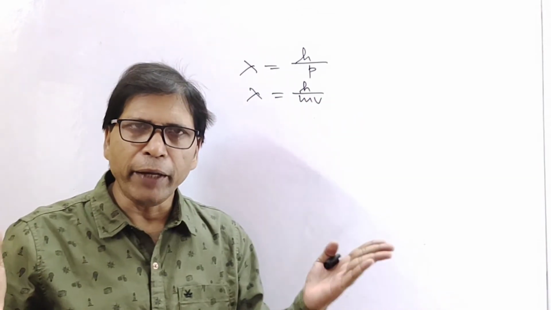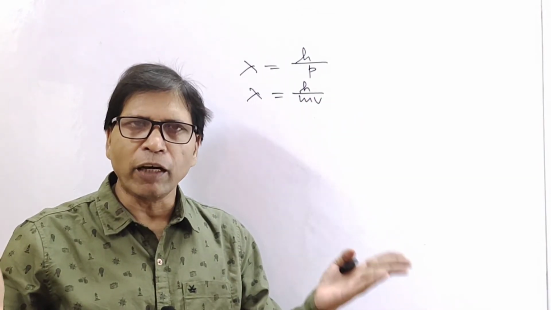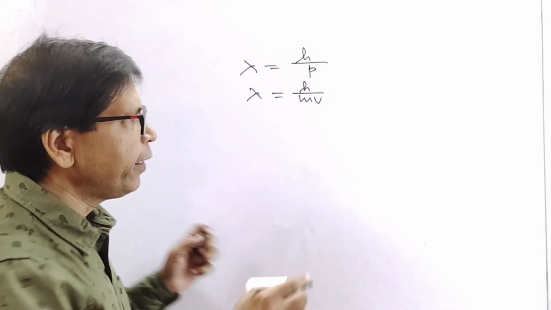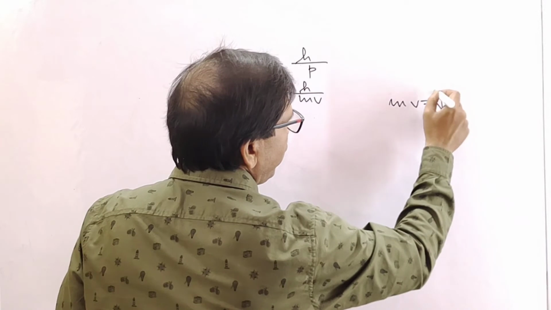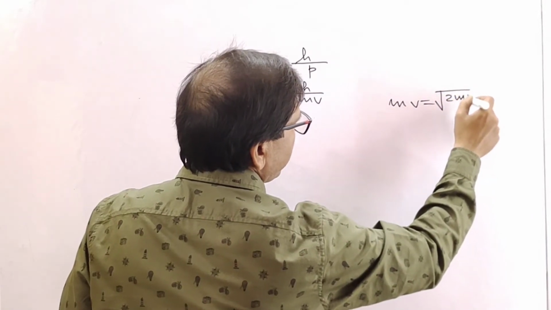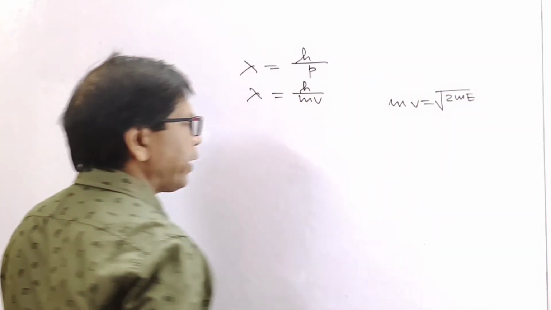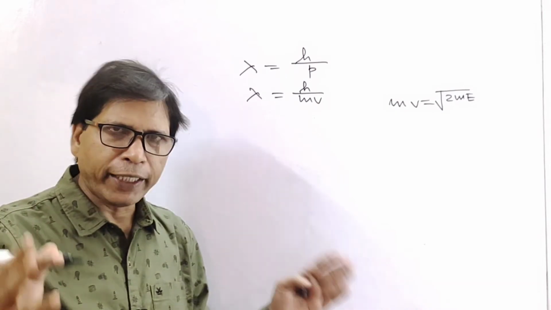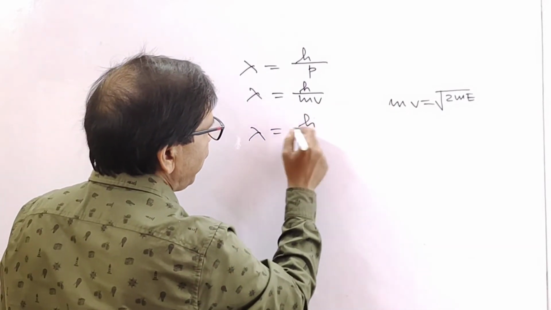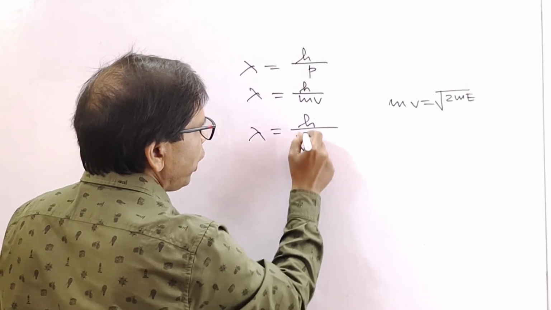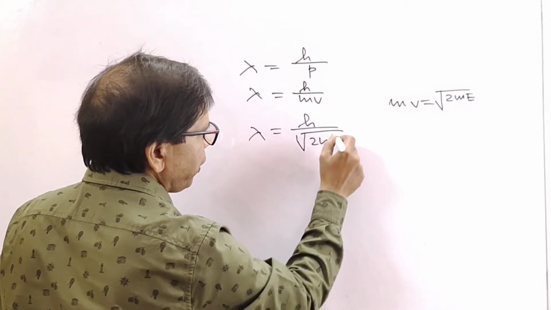Now the momentum mv can be expressed in the form of kinetic energy, and mv is equal to root under 2mE, where E is the kinetic energy of the particle. So here lambda is equal to h by root under 2mE.